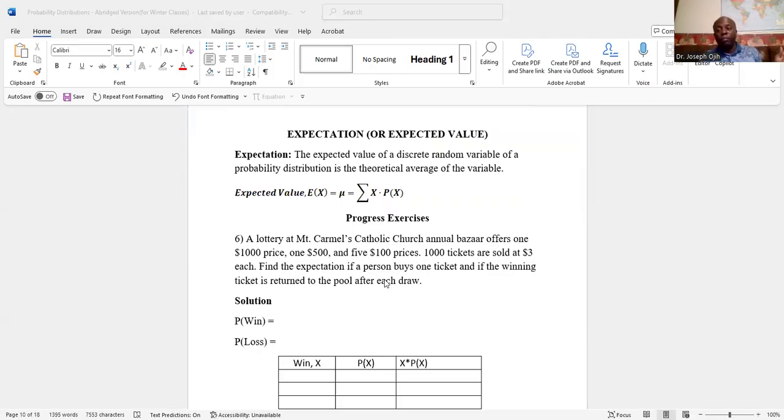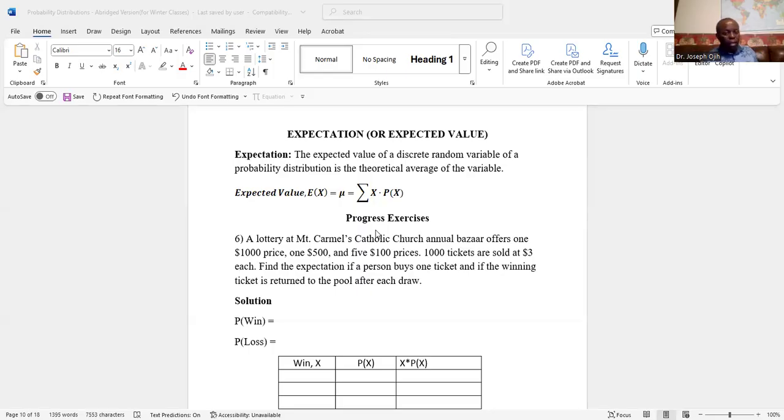It is the theoretical average of the variable. I can call it expectation, which explains why we use the same formula we use for the mean here: the expected value of x equals the sum of x times the probability of x.